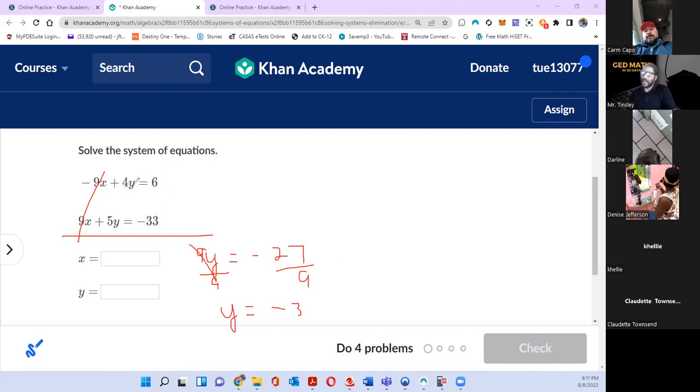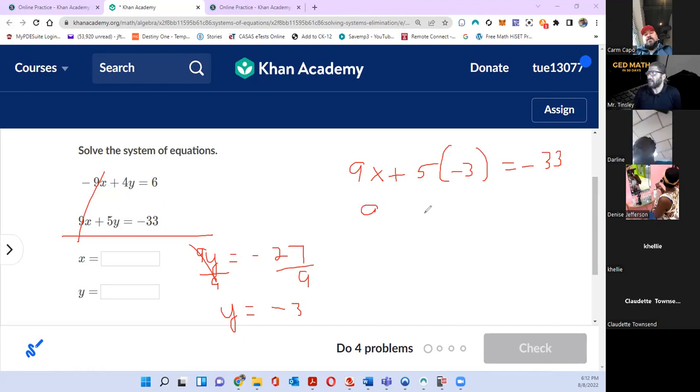It doesn't matter which one. I'm going to plug it into the second equation. 9x plus 5 times negative 3 equals negative 33. 9x minus 15 equals negative 33. I'm going to add 15 to both sides.